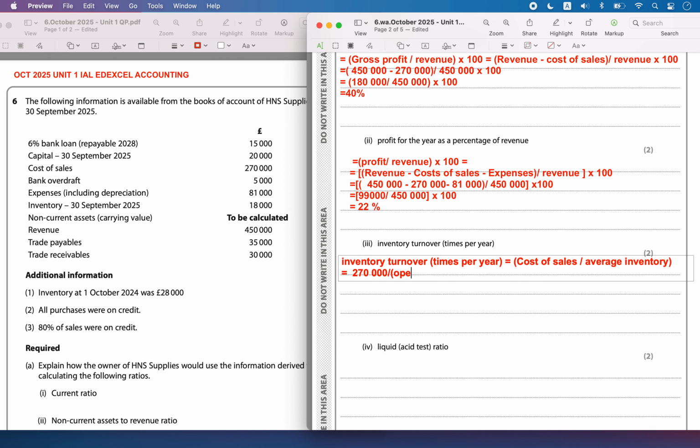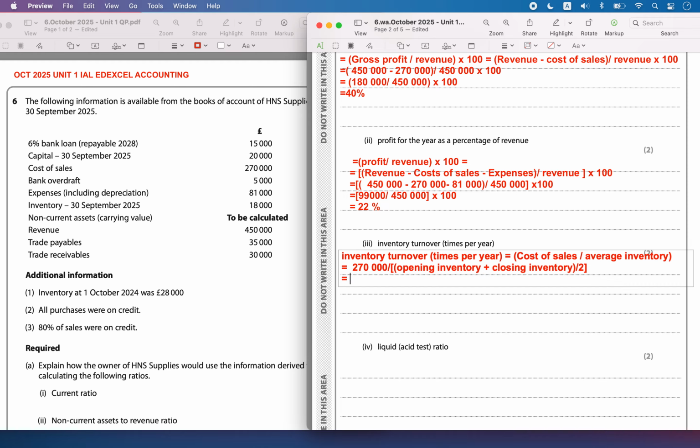So what is average inventory? Opening inventory plus closing inventory, divided by 2. This entire thing is one portion that represents the average inventory.